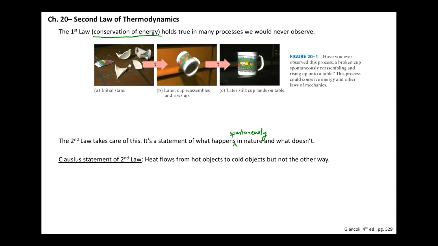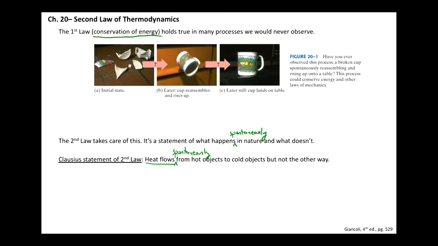So another way of thinking about this is in terms of all of this thermodynamics stuff that we've been talking about, in terms of heat. Clausius, I guess might be how you say his name, said that the second law of thermodynamics says that heat flows, and we'll say spontaneously again, from things that are hot to things that are cold, but never the other way around.